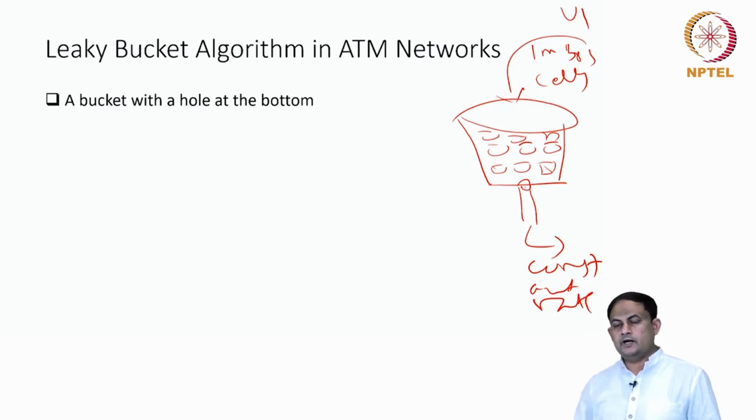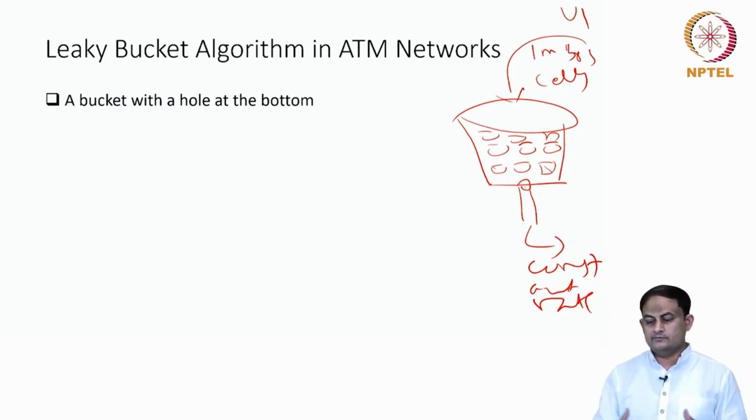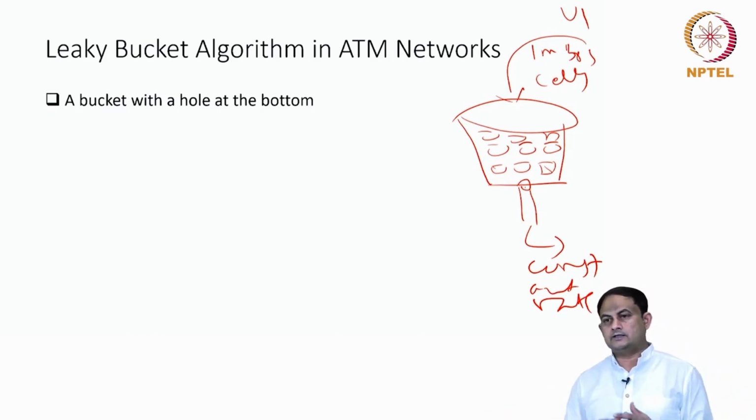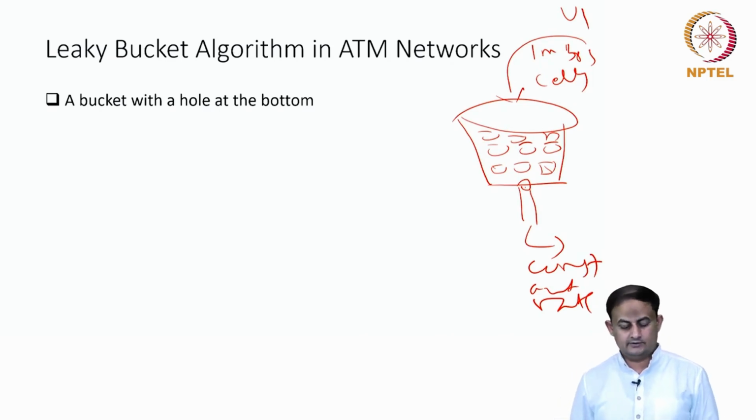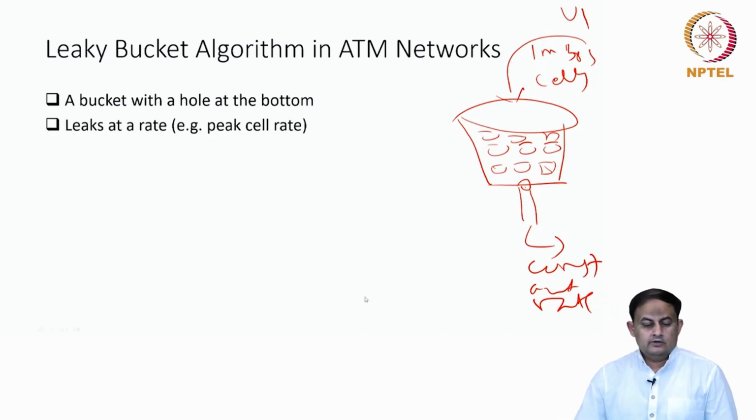Unlike an IP packet, which can carry a variable amount of data, the ATM cell has a fixed size content. So every time something exits the bucket, a fixed size cell is exiting. We say the bucket leaks at a certain rate, which we call the peak cell rate.